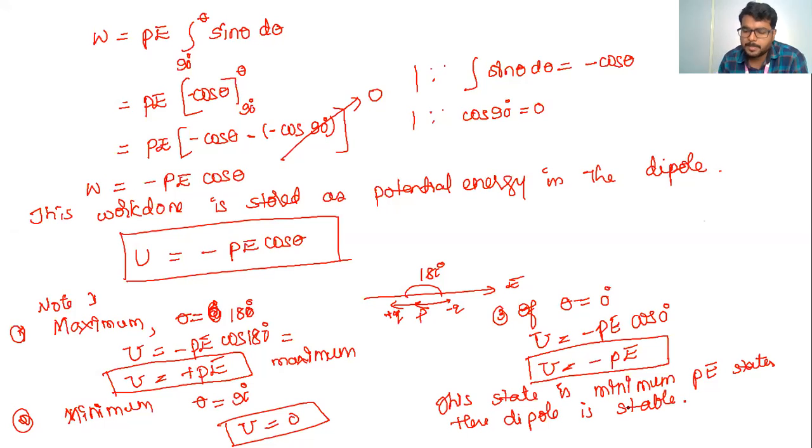In this case the dipole is stable, so negative. Here I don't need this as minimum. So take it as theta is equal to 90 degree, the zero potential energy position. This is the zero potential energy region. This is a simple concept.